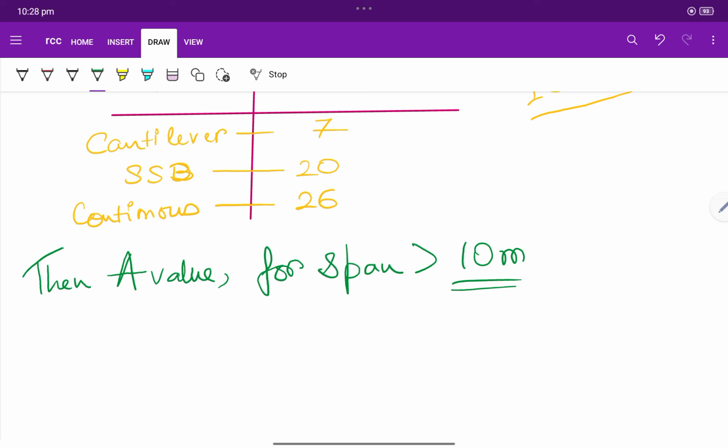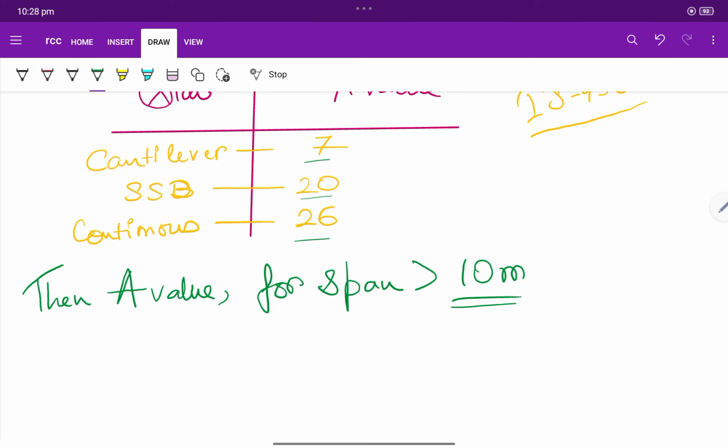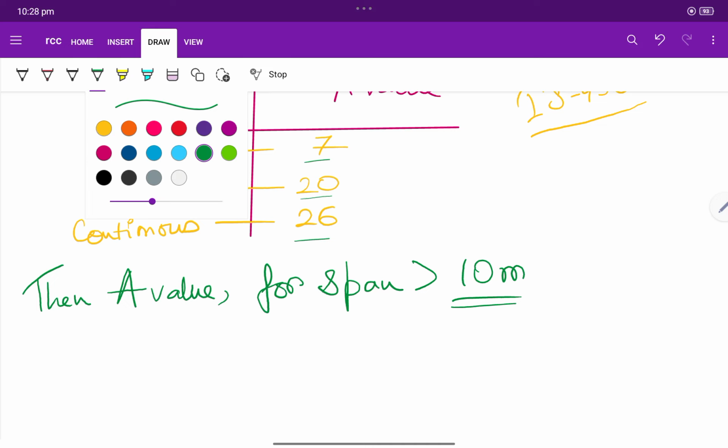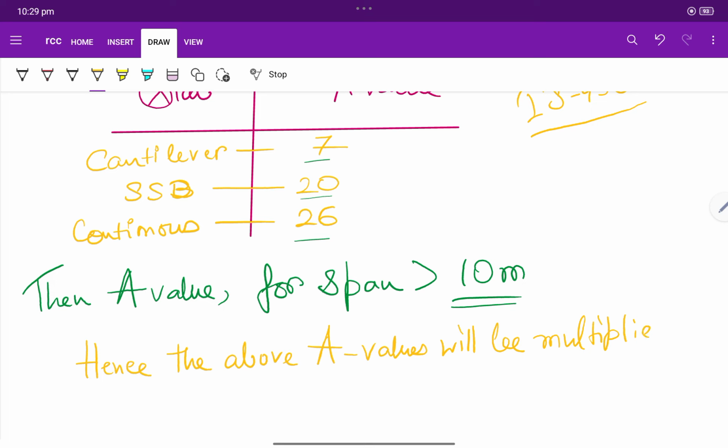Then the a values 7, 20 and 26 will be multiplied by 10 divided by span. Hence the above values will be multiplied by 10 divided by span.